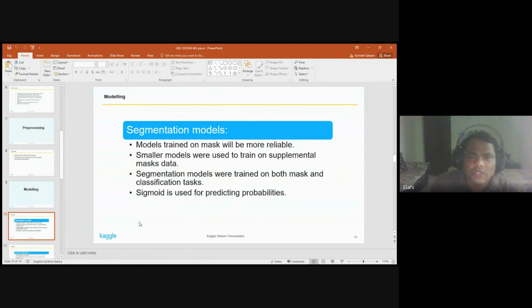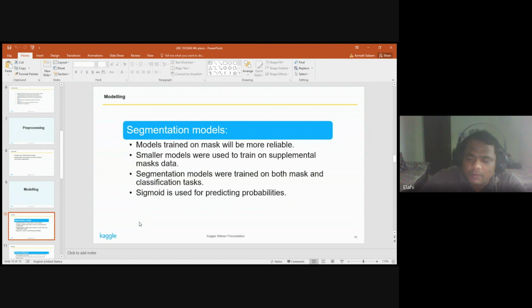Initially, I used segmentation models trained on the supplemental mask data. But the drawback is that only partial data is available, and the labeling was also done sparsely.